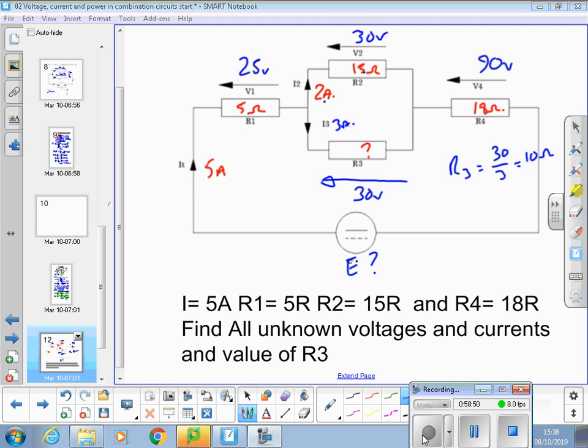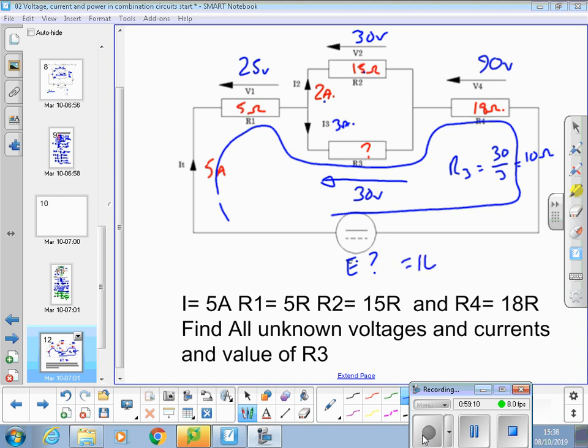The point I want to make is finding this E. We know we add these voltages up, but we don't add the 30 on twice. It's around one loop. So the total voltage is 25 plus 30 is 55, plus 90 is 145 volts. Yeah.